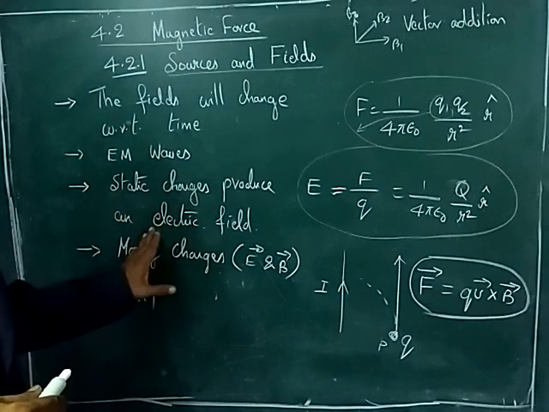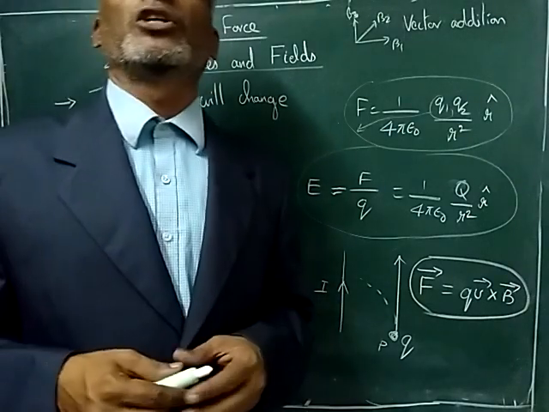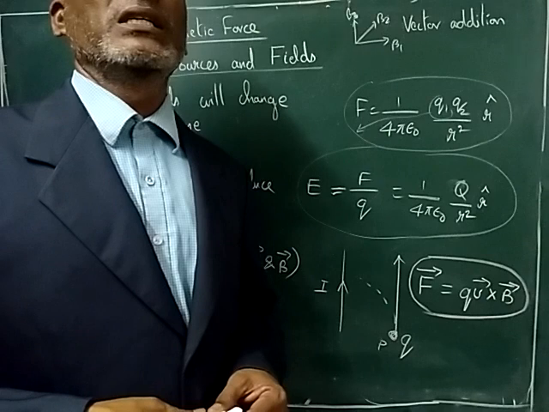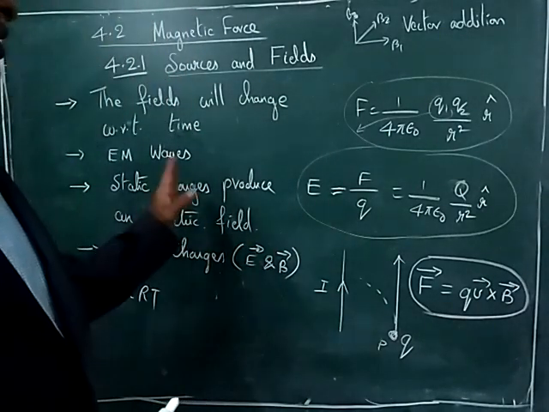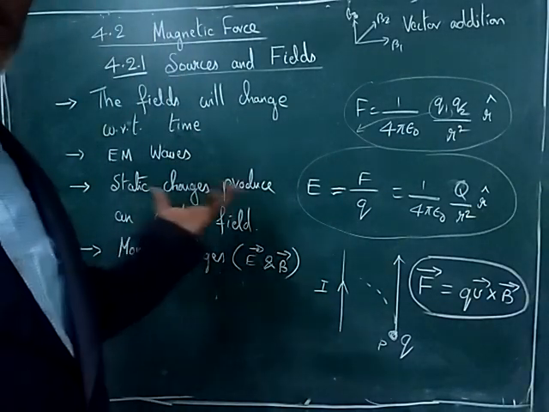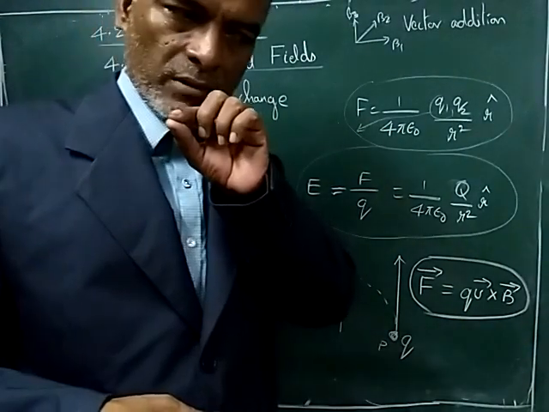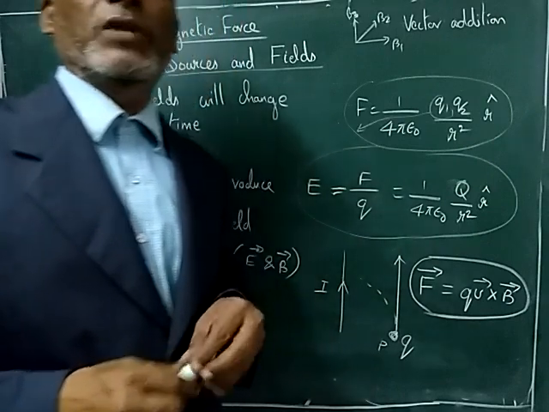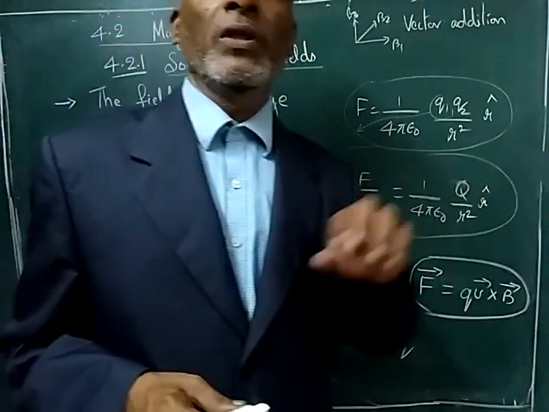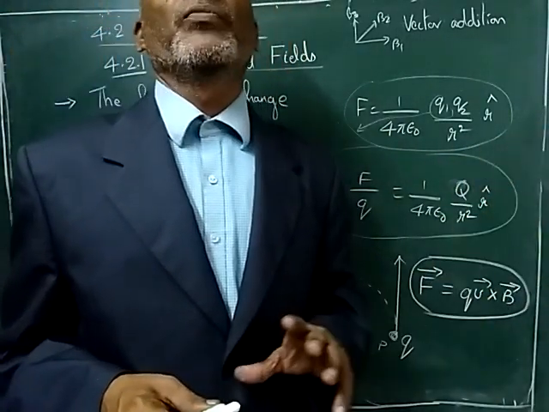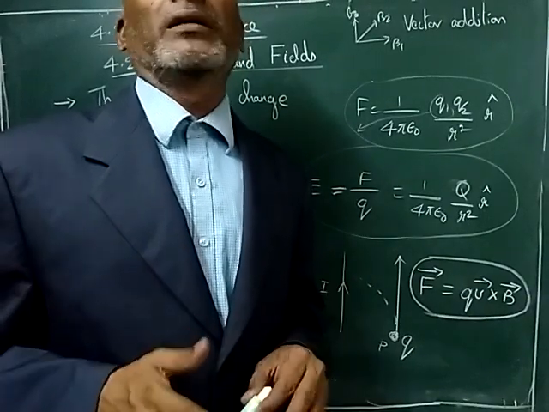Static charges produce an electric field. In the initial topics when we dealt with charges, static charges always produce an electric field. But once the charge starts moving, you have an electric current.